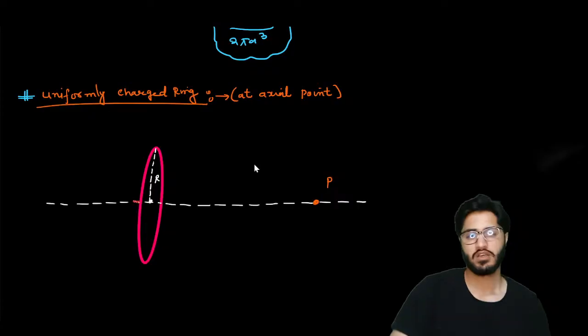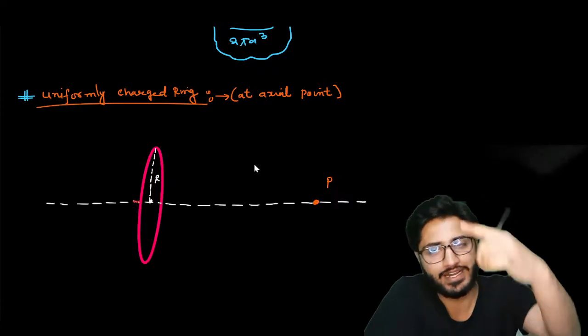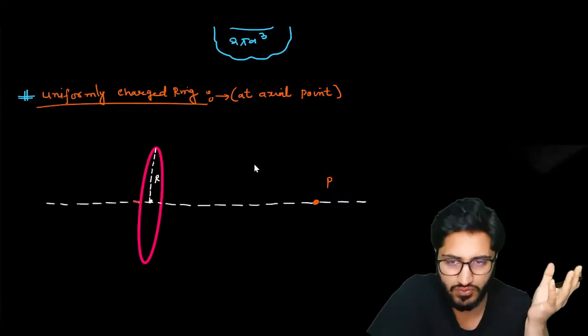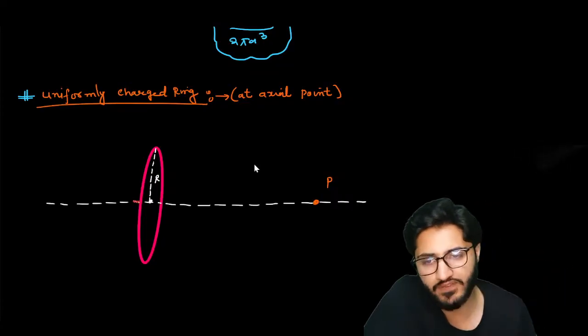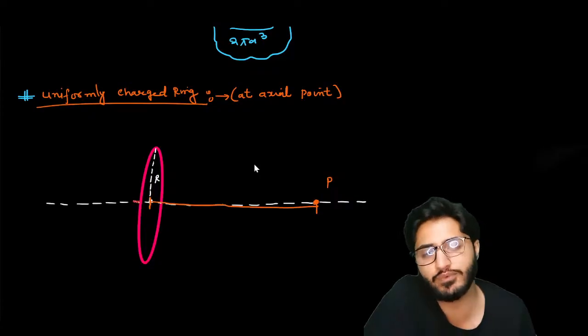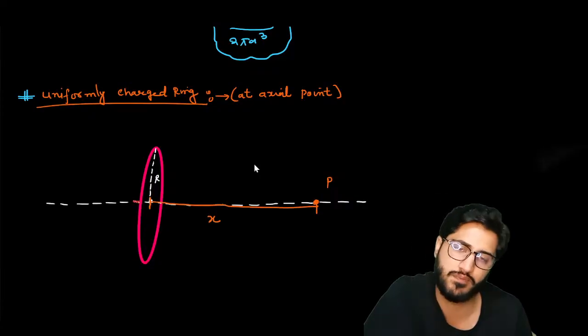Look, the ring is also a symmetrical object. Let us suppose the distance from the center towards my point P is x.